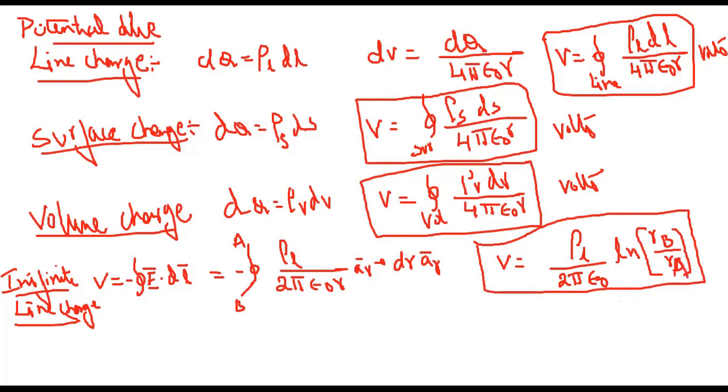Sorry, RB by RA. That is the potential due to the infinite line charge. Got it, my students?